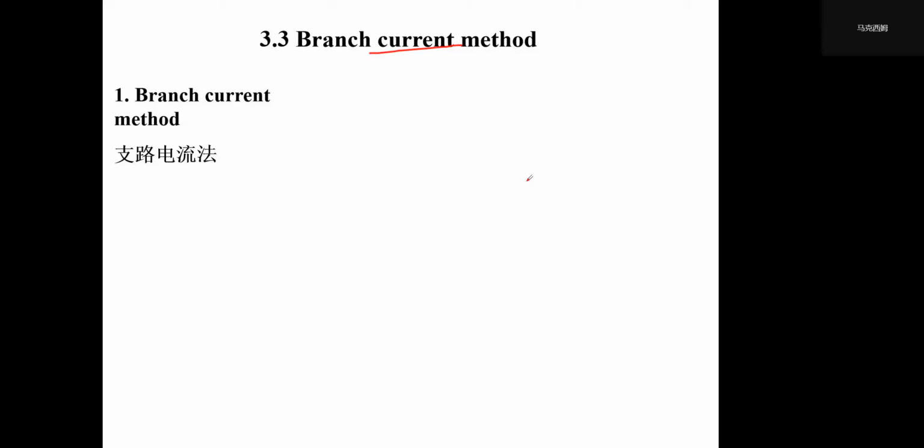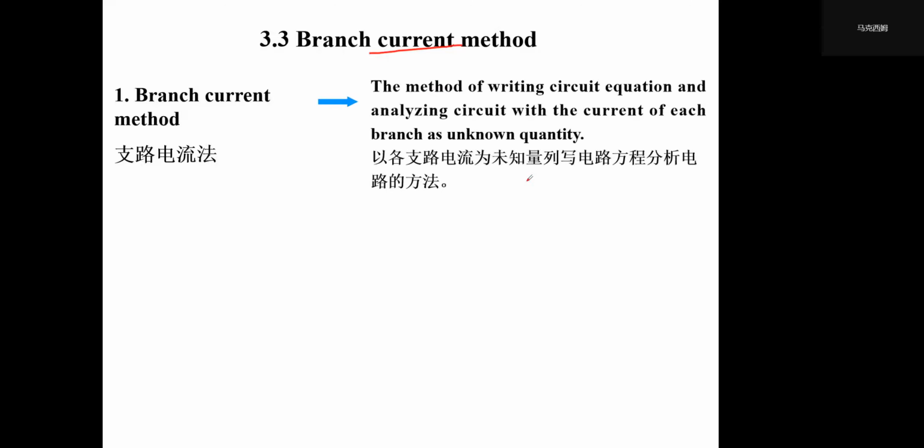It's a current method, so we're using the current as the variable to calculate, and we also try to use this branch current to represent the branch voltage to fill in the KVL equations. So this is how we deal with it. We use the branch current as unknown variables to list the equations.